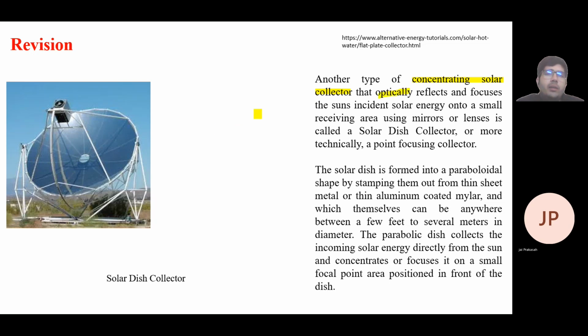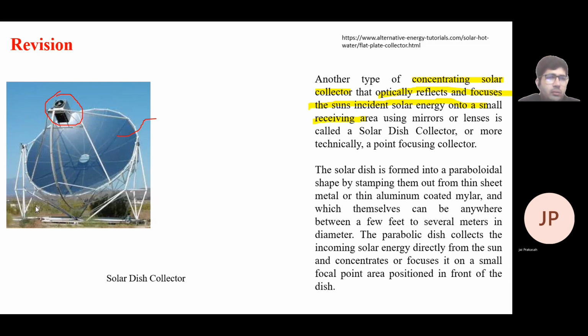It optically reflects and focuses the sun's incident solar energy onto a small receiving area. So this is the receiving area. This is, you can say, the glass or optically reflecting panels.